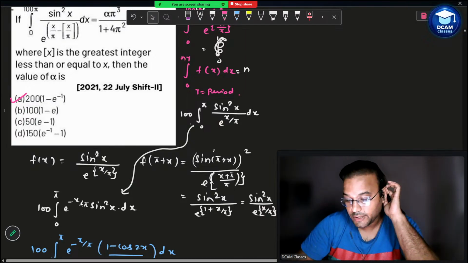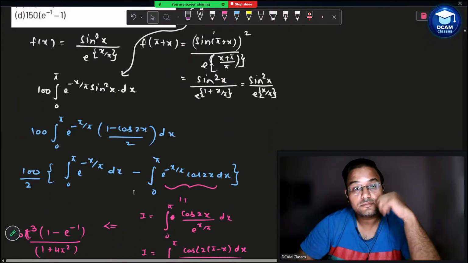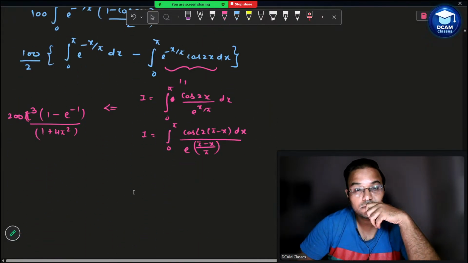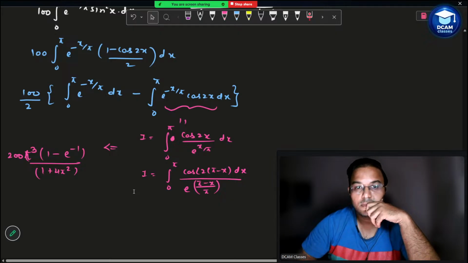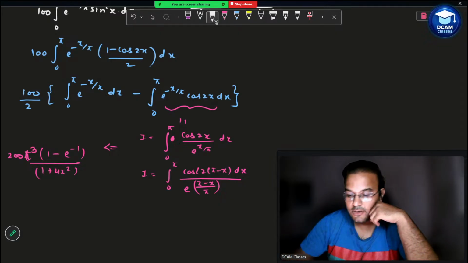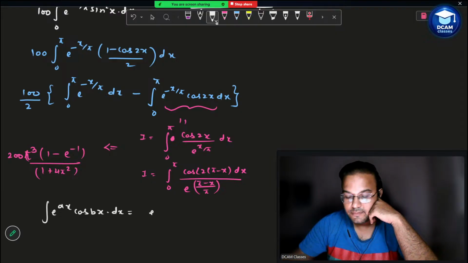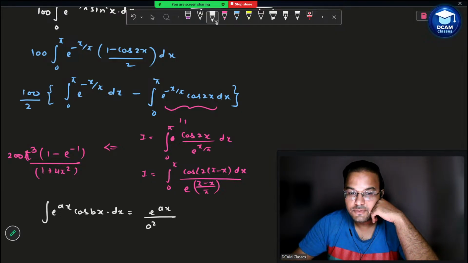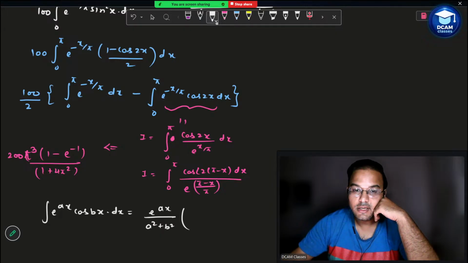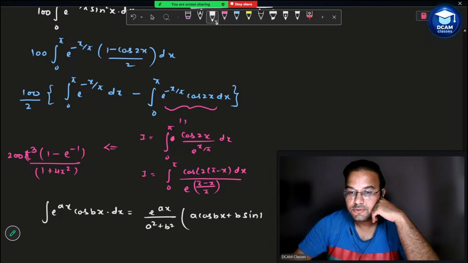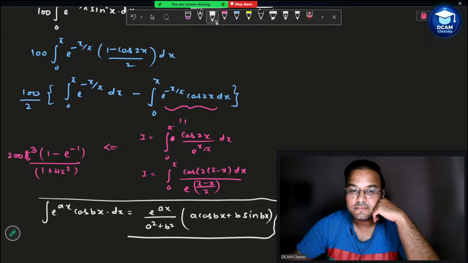Ripiya, what about you? Are you getting it? Yes. Actually, there is a result also, you know. The integral of e power ax cos bx dx is equal to e power ax by a square plus b square times a cos bx plus b sin bx, you know. That's also a ready-made result.